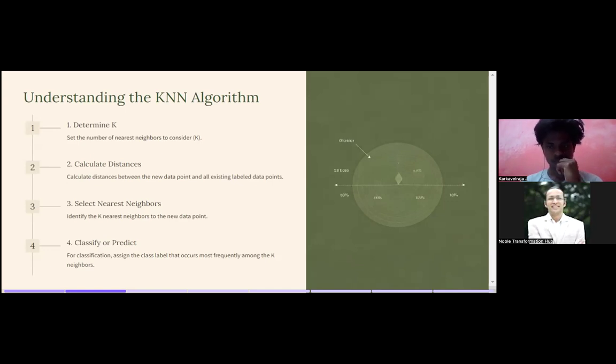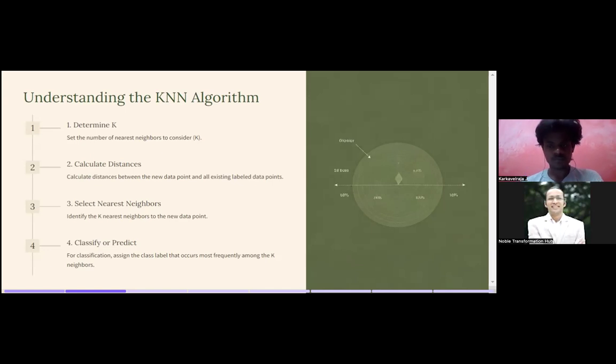Then the third step is to select the nearest neighbors, which is identifying the K nearest neighbors. K is itself the number of nearest neighbors to consider.